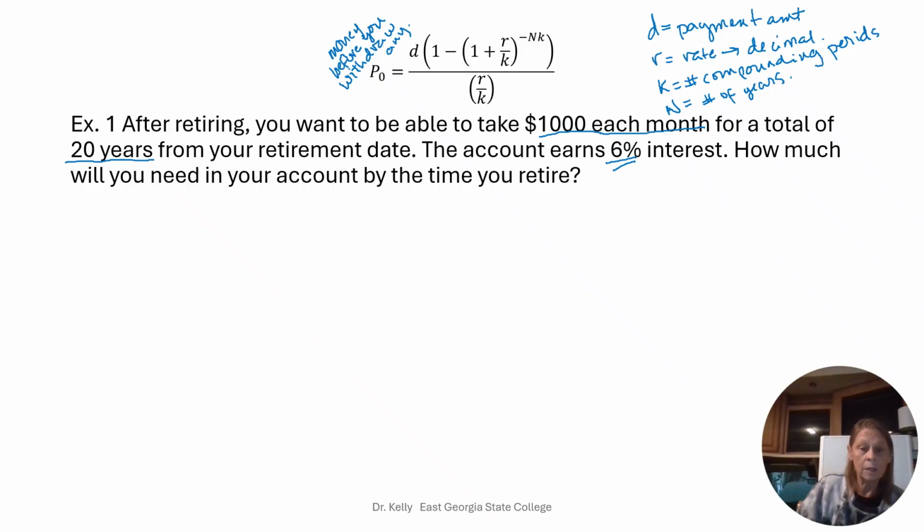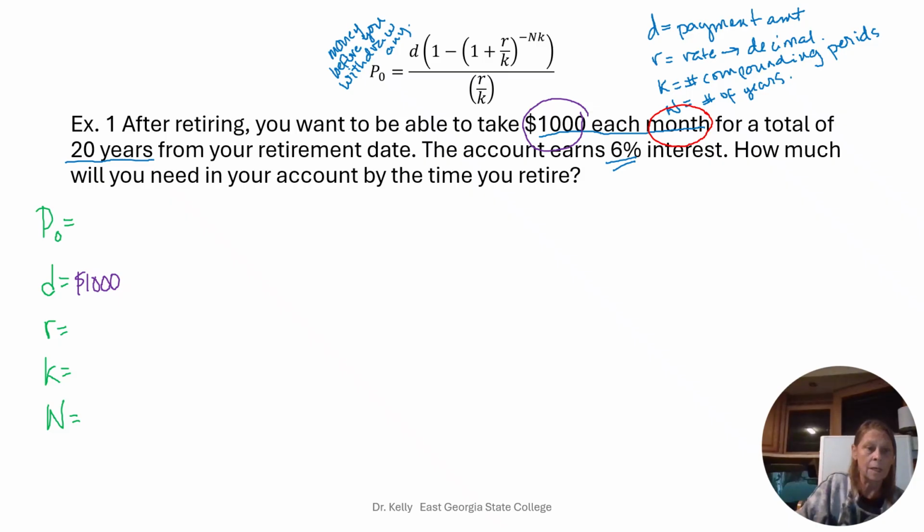Okay, so just like we did in our last class, we're going to write down all of these variables here. So I'm going to write P naught, D, R, K, and N. And then we're just going to fill out all these values here. So it looks like our D is $1,000 each month. I just said it, each month, right?